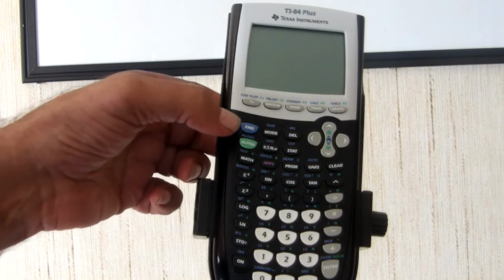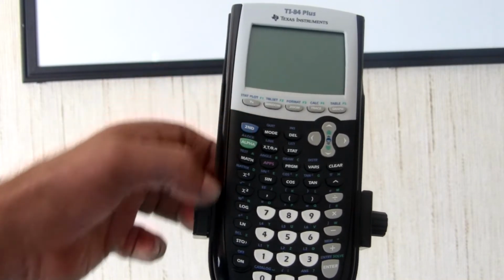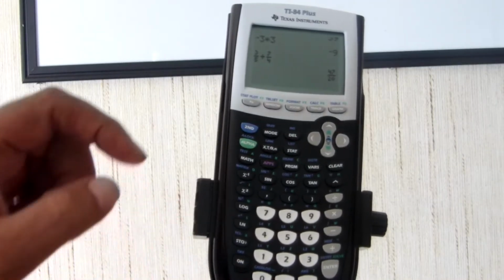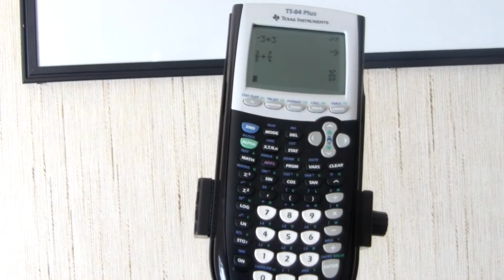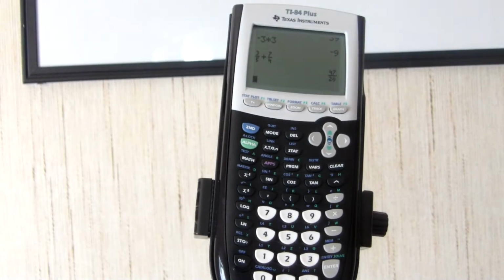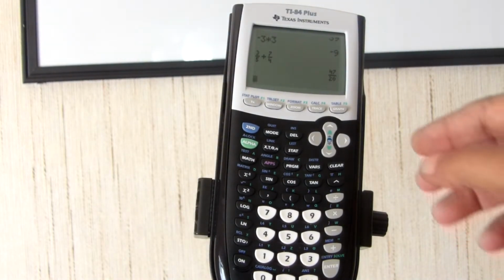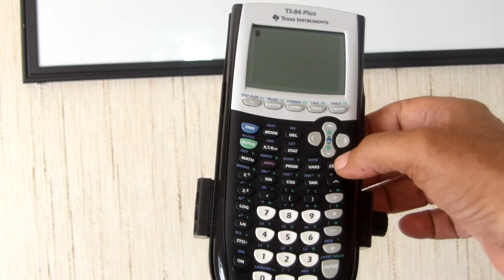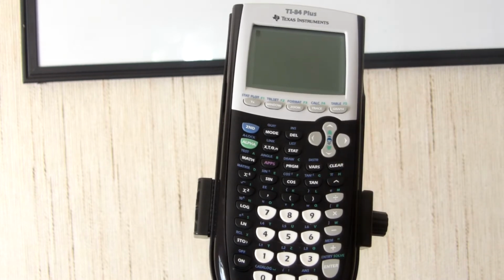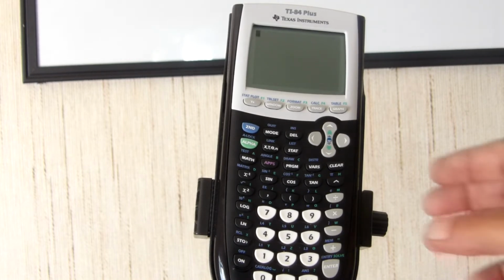You turn on the calculator, and then you clear the screen.